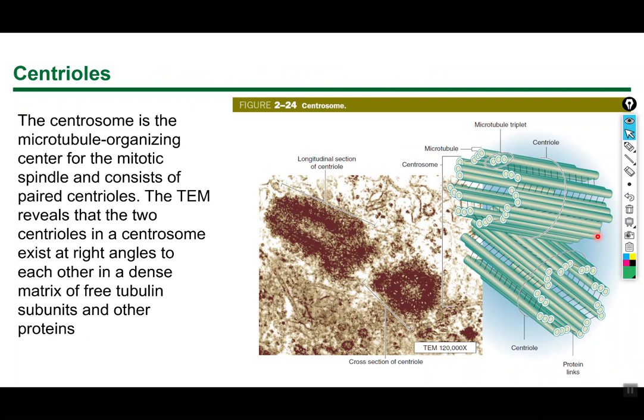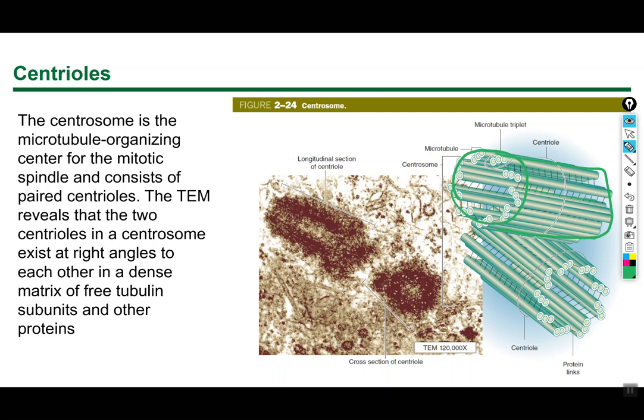Okay, so here's centrioles. Here we have a 120,000 X TEM, so that's some serious mag power. And then a drawing of the same thing. So you can see that these are cylindrical arrays of microtubules with adhesion proteins between them.